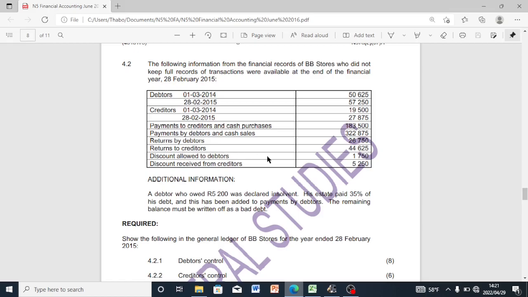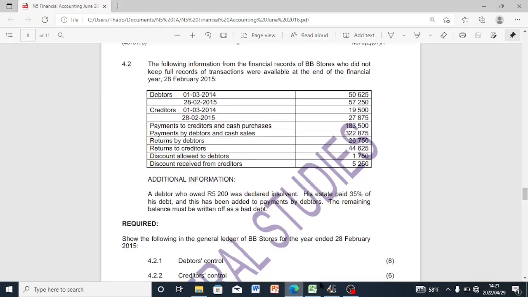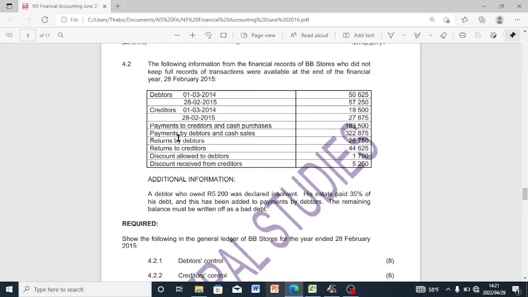Discount allowed, it's 1,750. There we go. And then on this information, I think we are done with everything for the debtors.